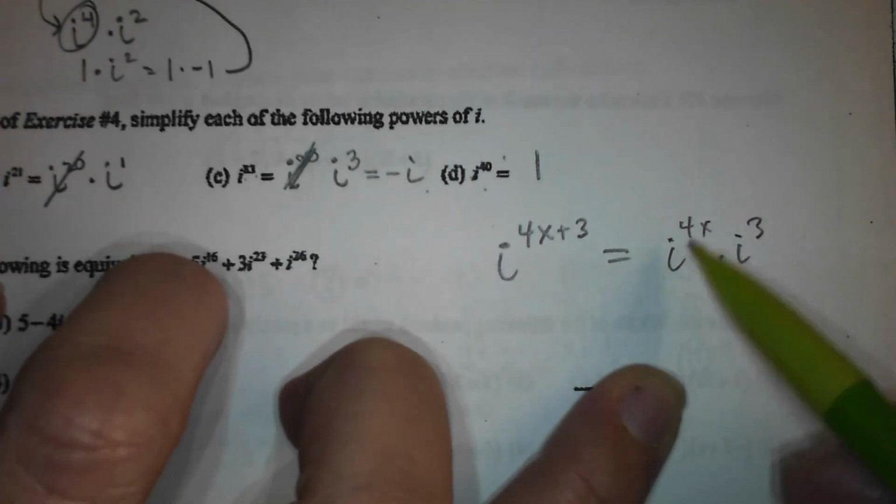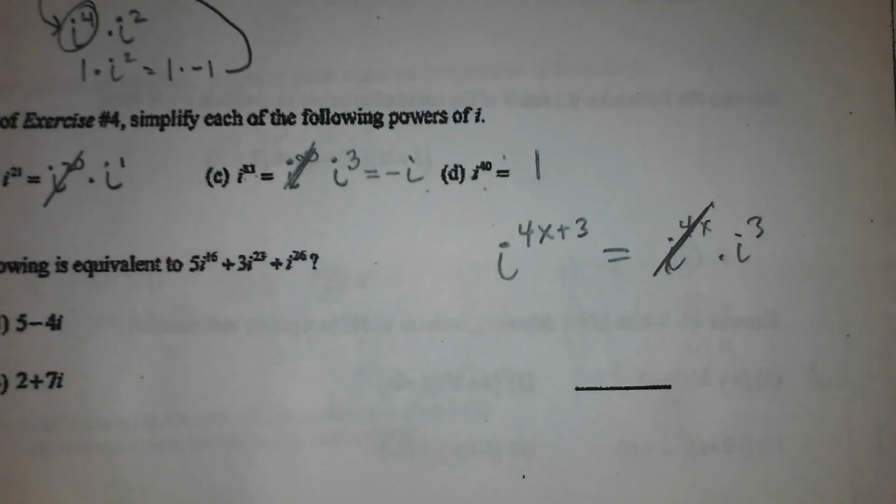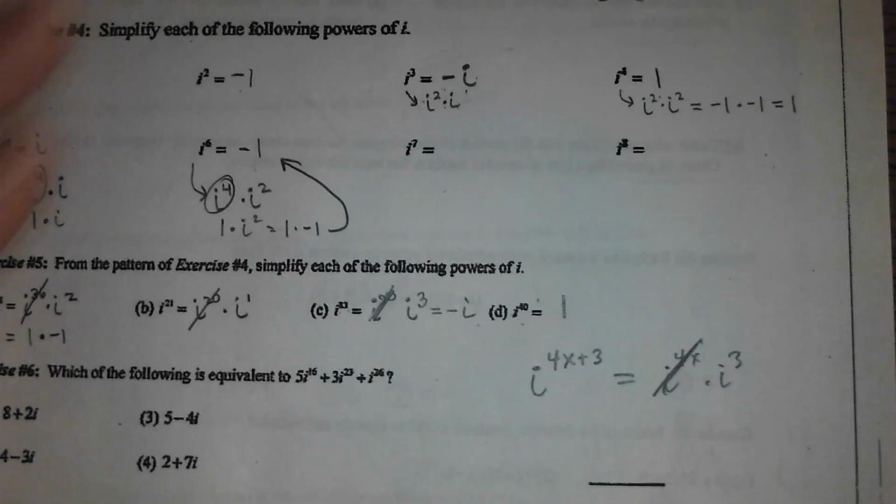You're going to have to know that if x is an integer, that'll just be 1 because it's a multiple of 4, and that you're going to have to go to I to the 3rd. That's something your calculator would not be able to help you with. They're crafty at making sure you can't use your calculator. They want you to understand. They don't want you to be operators of calculators.